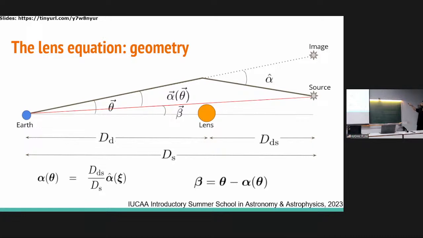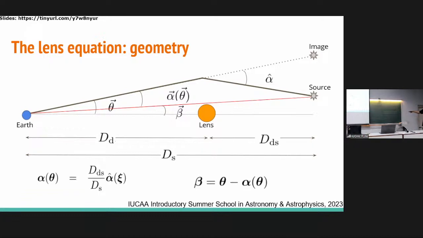But this particular distance is also alpha hat times dds. So now I have related alpha, the scaled deflection angle, with alpha hat, which we had already calculated. Alpha is dds divided by ds times alpha hat. It's simple geometry, nothing complicated.